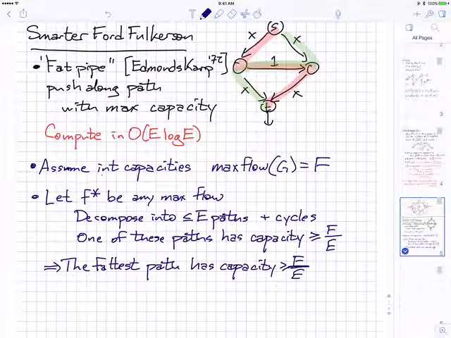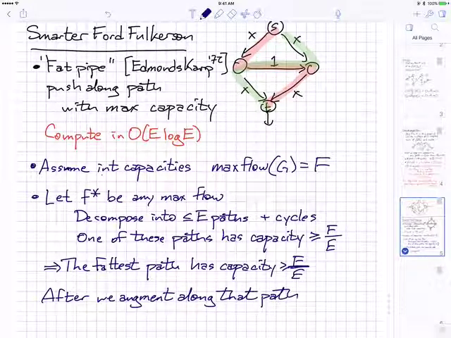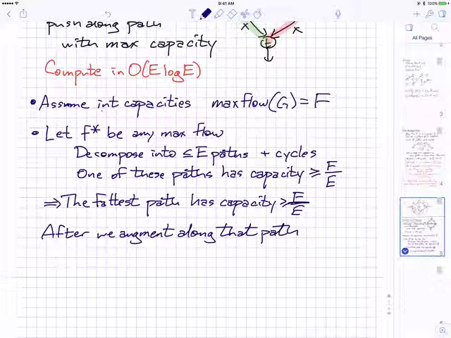Okay, so what does this mean? So let's augment the flow along this path. And after we augment along that path, we're going to recursively compute the maximum flow in the residual graph of what's left.